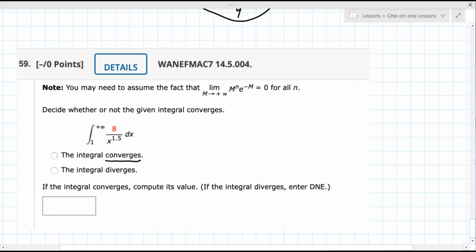The issue here is this exponent has to be greater than 1 for it to converge. So your instructor might have sometimes said the integral from any number to infinity of 1 over x to the p, if p is greater than 1, it converges. Maybe you saw that. This number 1.5 is greater than 1, so it converges.